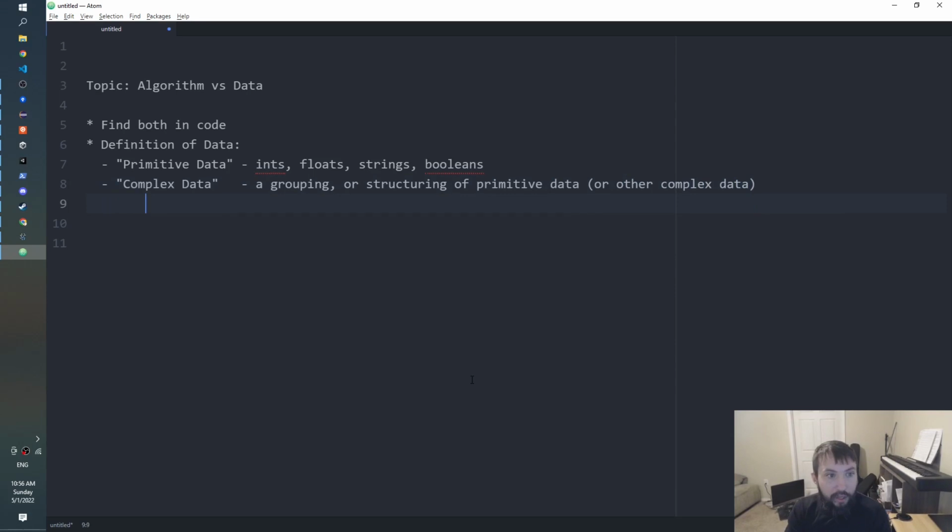An example here might be, so a string is primitive data. But if you're trying to model, let's say, something in the real world, not everything in the real world is naturally just one number or just one float or just one string or just one boolean. Most things in the world are best thought of as some combination of these things.